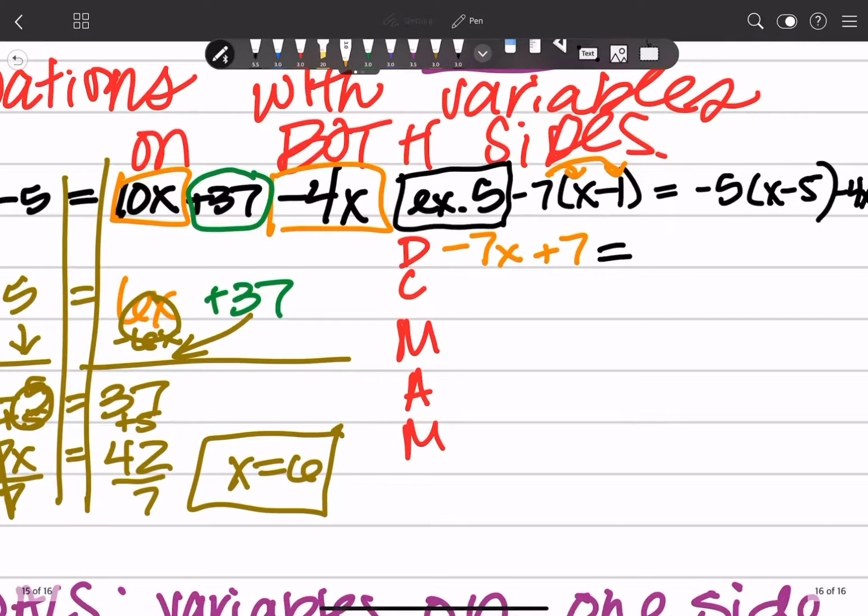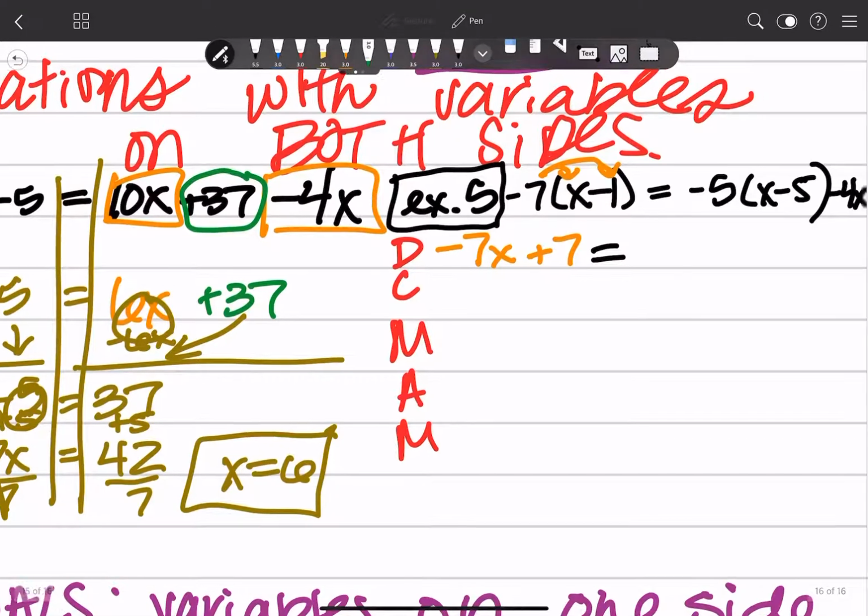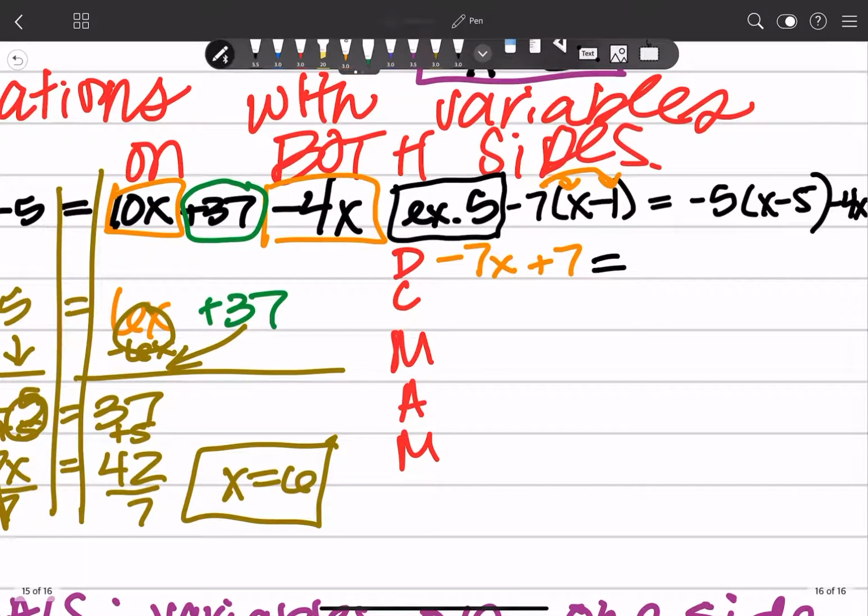All right, then on the opposite side, we've got negative 5 being distributed to everything inside the parentheses. You've got negative 5 times x, and then negative 5 times negative 5, which is a positive 25. And you still got that negative 4x, but we didn't do anything to it because it's outside of the parentheses. We're just going to bring it down. Kind of bums along like a third wheel sometimes.